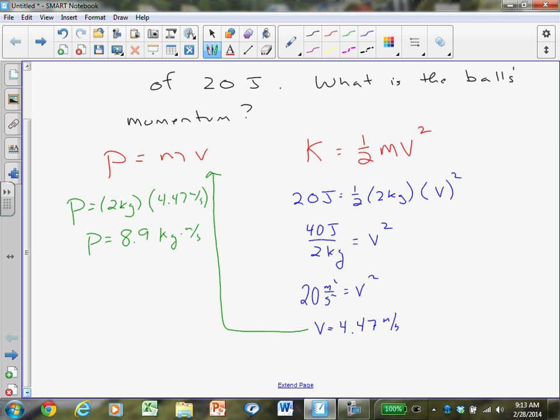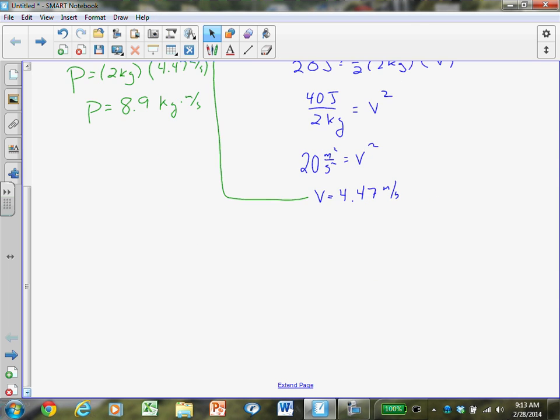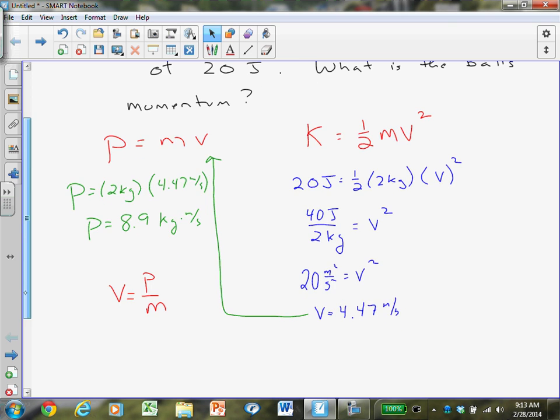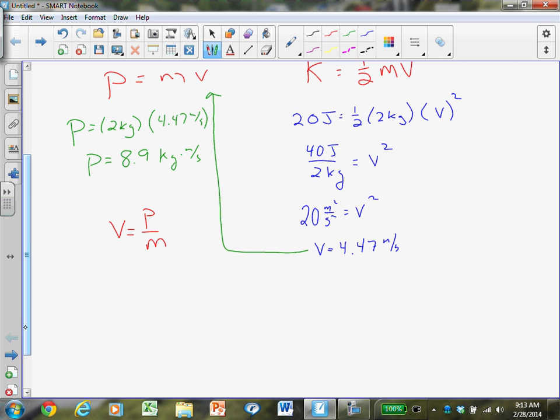Okay, so another way to look at this is, you have those two equations, right? If you solve them both for V, V is P over M, and from this one up here, V squared is 2K over M, right?